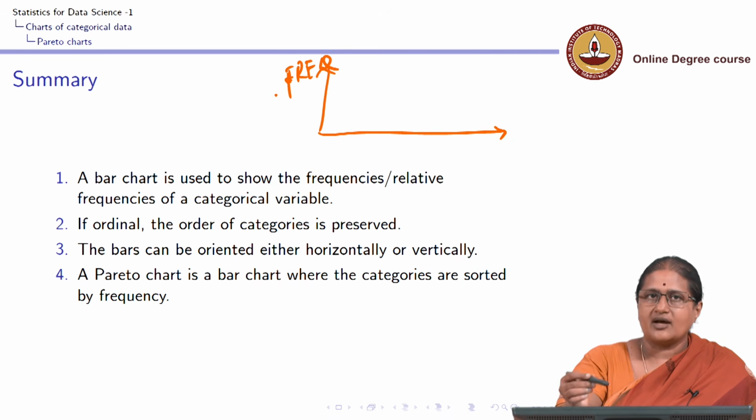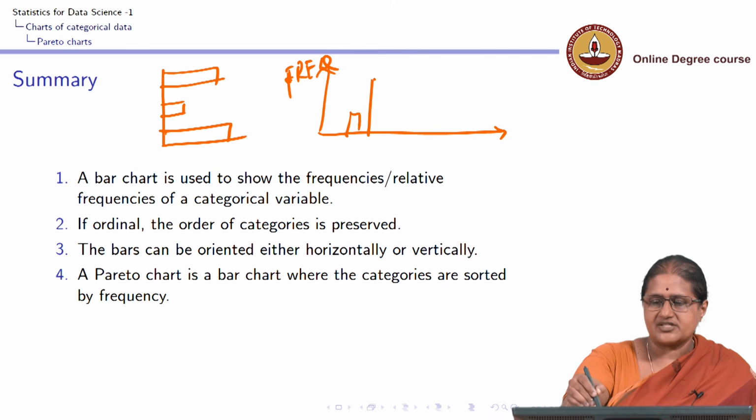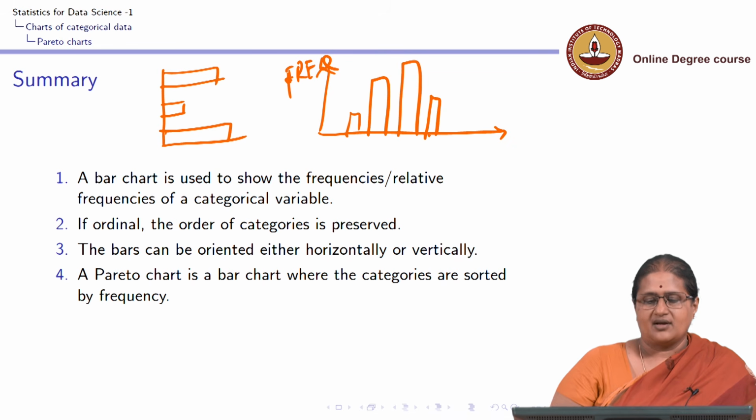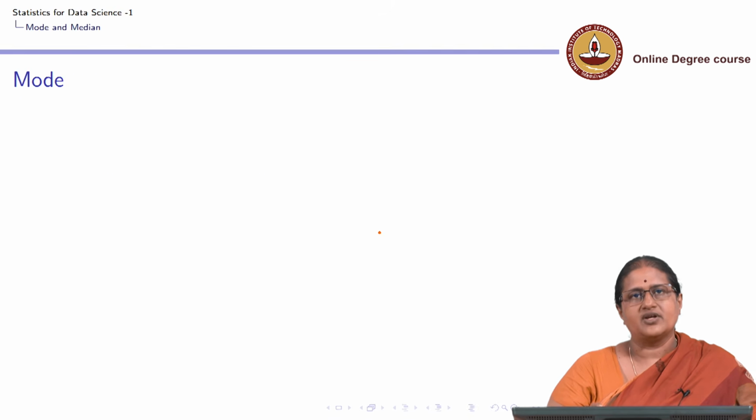I can either have a horizontal bar chart, which would look something of this kind, or a vertical bar chart, which would look something of this kind. A Pareto chart is where the categories are sorted, and if you have ordinal data, please try and preserve the order of the categories.